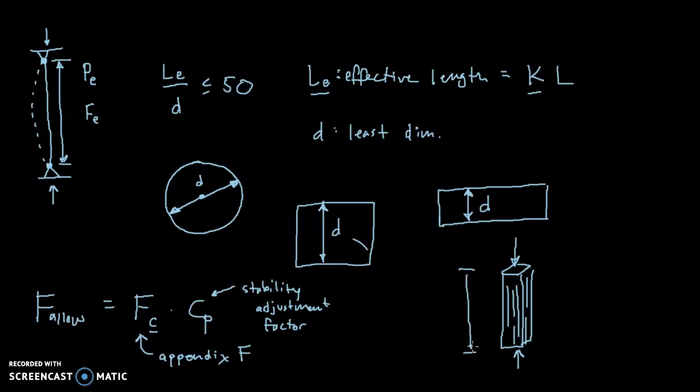A very tall, skinny column is going to have a smaller stability adjustment factor. We're going to have to reduce this allowable stress. If we have a relatively short and stout column that is not likely to buckle, then the C sub P value is going to be somewhat close to 1. We can basically take the full allowable stress.